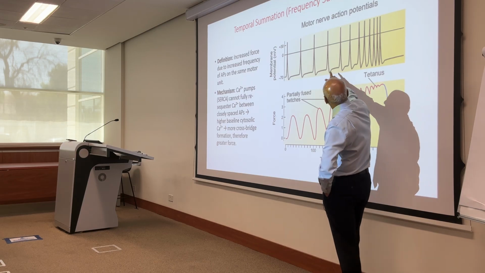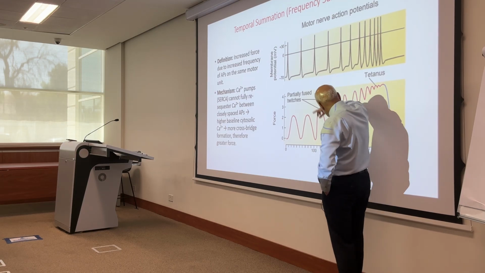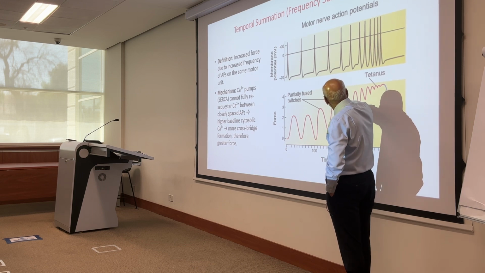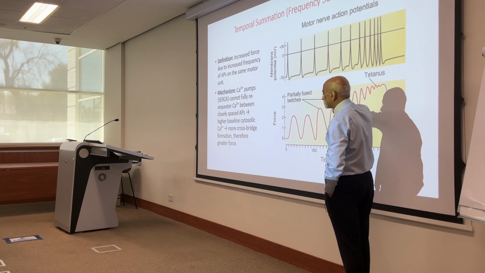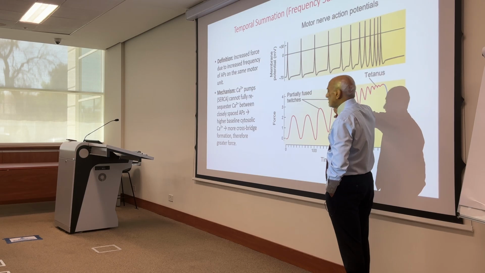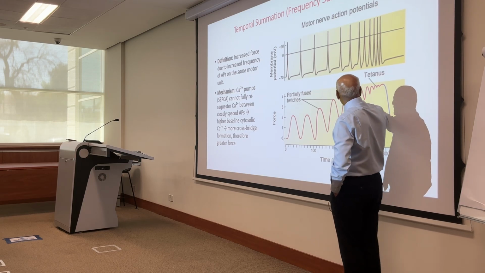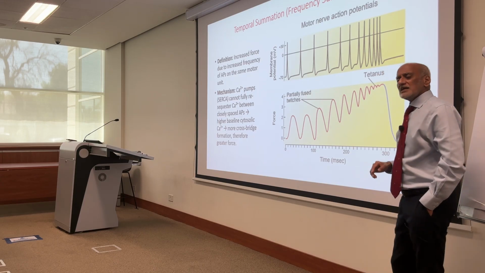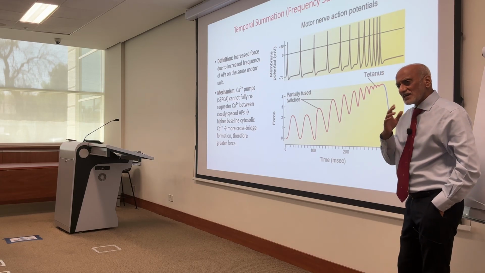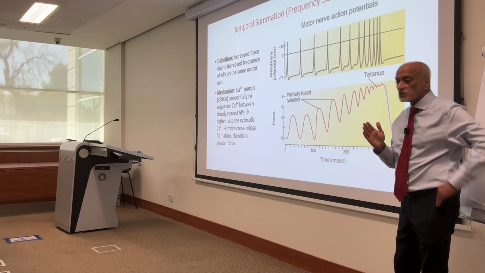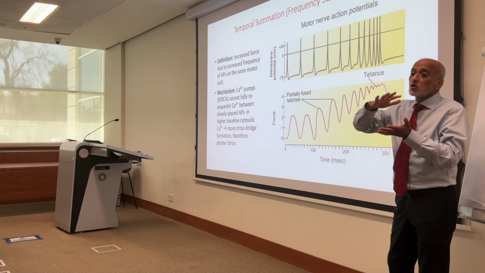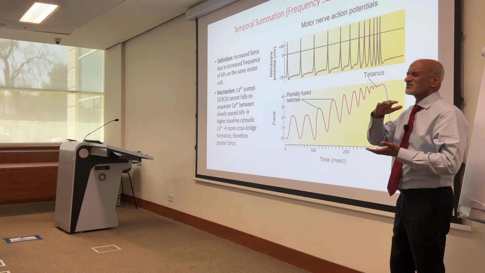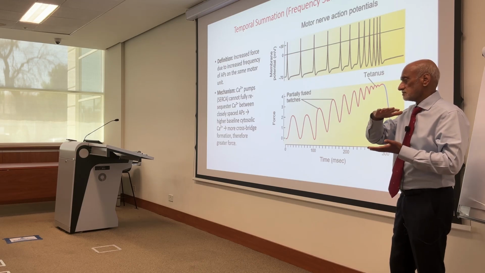So I come here now, okay? I'm decreasing the time between the action potentials. So I'm adding this one to this one, okay? I keep decreasing the time. I keep adding the one to the other, yes? In other words, each time I give an action potential close to the previous one, I'm getting more and more calcium building up inside the sarcoplasm and inside the cytoplasm of the muscle.